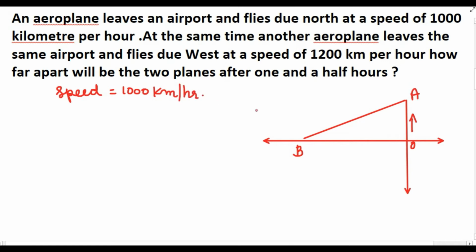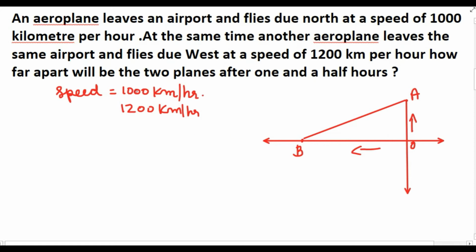At the same time, another aeroplane leaves the same airport and flies due west at a speed of 1200 km per hour. That means this side it will be moving with a speed of 1200 km per hour. How far apart will be the two planes after 1.5 hours? So after 1.5 hours, one plane will be at A, another plane will be at B. We need to find the distance AB.